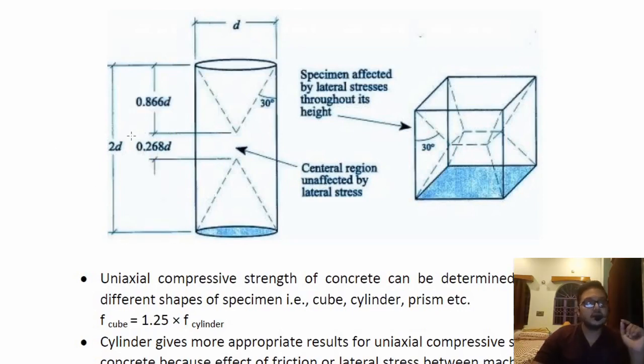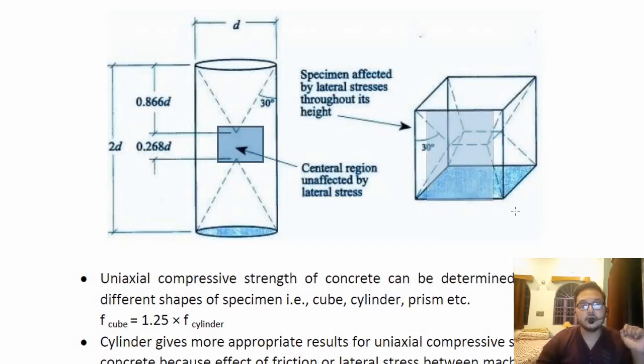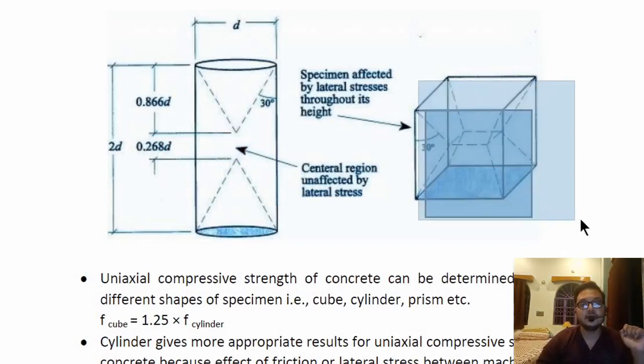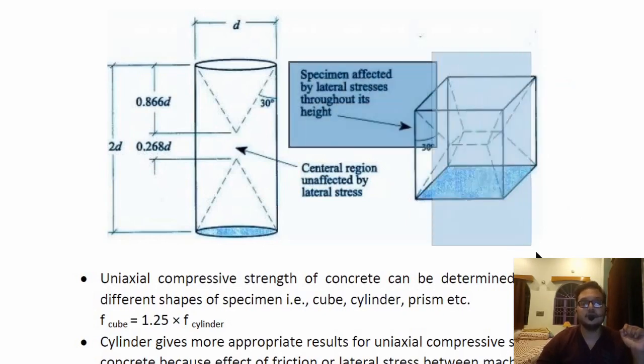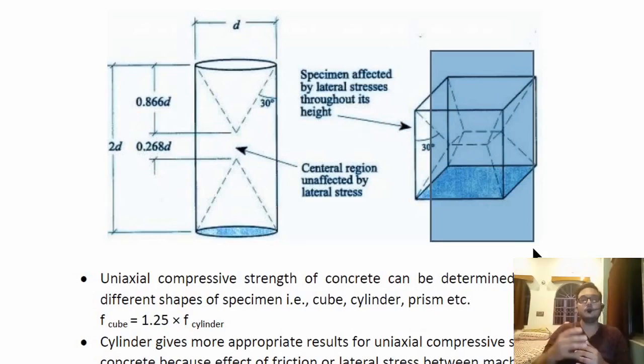The remaining 0.268d will not be affected by the lateral stresses. So here I have represented that central region unaffected by lateral stresses. This region is devoid of any lateral stresses, whereas if you consider a cube, most of the part is affected by the lateral stresses. The specimen is affected by lateral stress throughout its height, so throughout its height a cube will be affected by the lateral stresses.